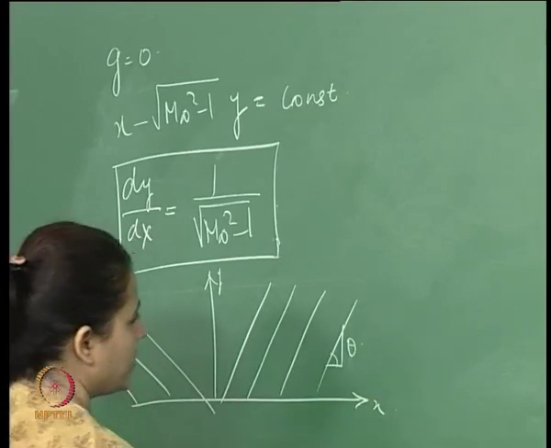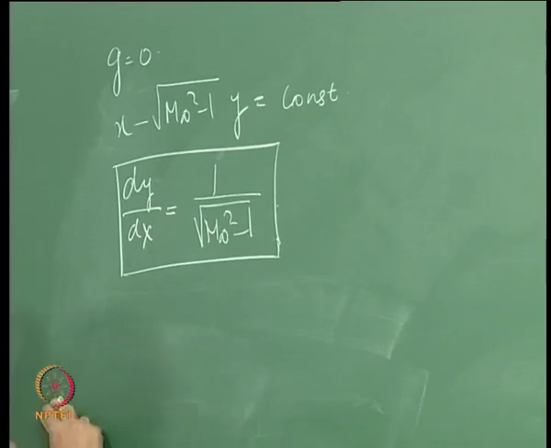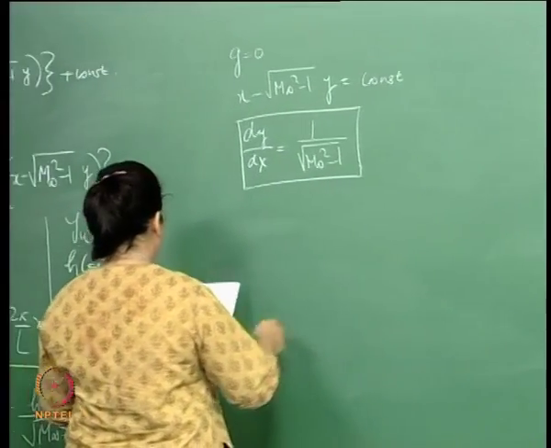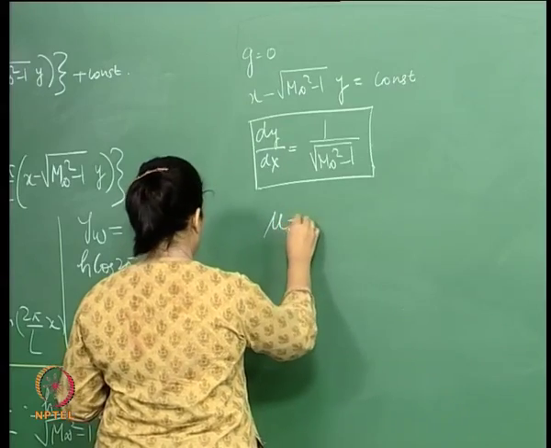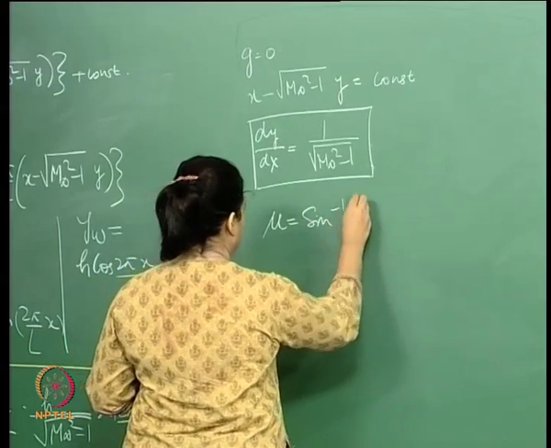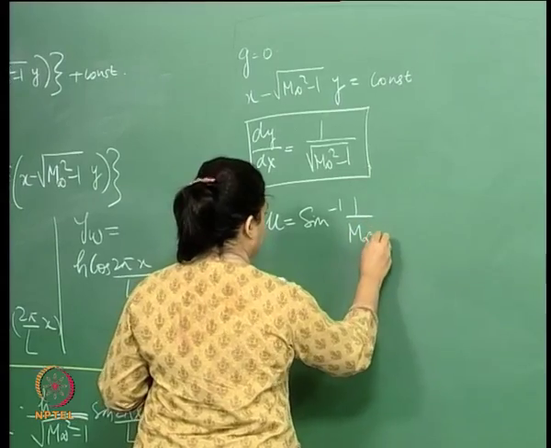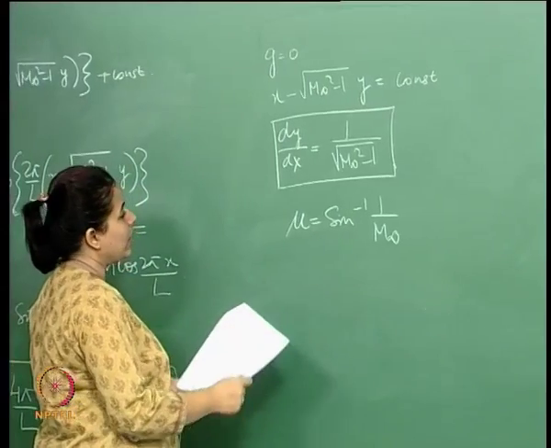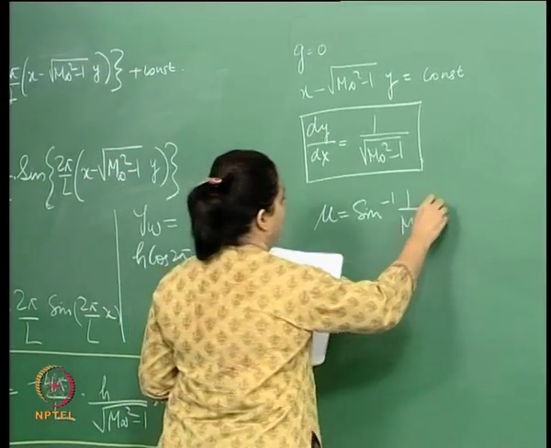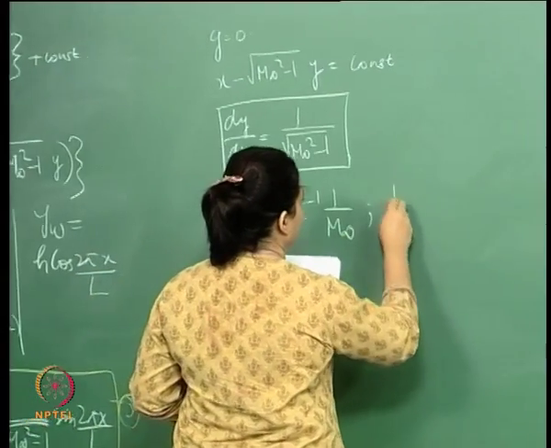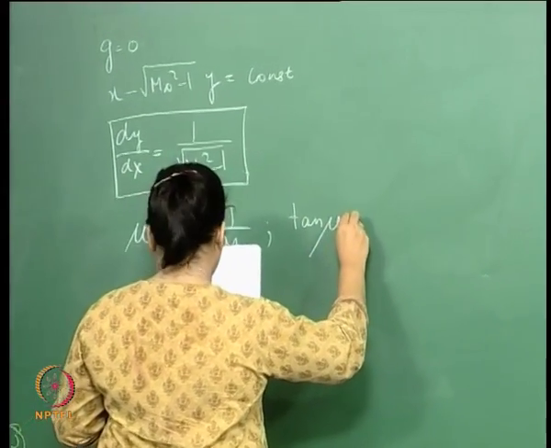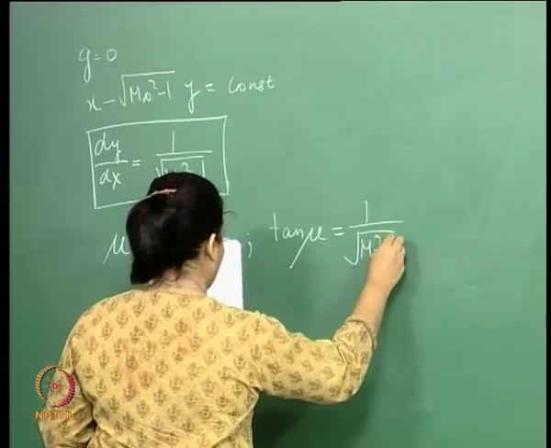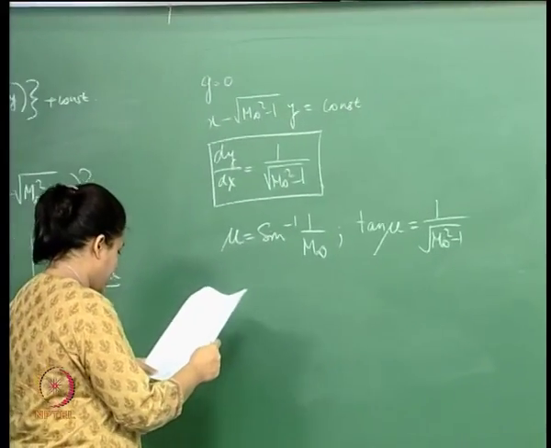Now, having done this, let's say the Mach angle mu is equal to this. If I do a little bit of math out here, I can write this as the following.